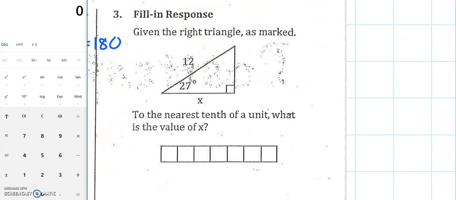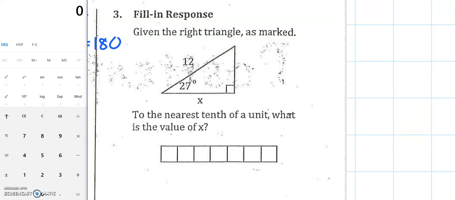All right, now in this question, as soon as you see that it's a right triangle, you need to think about Pythagorean theorem, trigonometry, special right triangles. So in this case, we're not trying to find a missing side length when we already have two. In this case, we only have one side length and one angle, which means we're going to use trigonometry, trig.